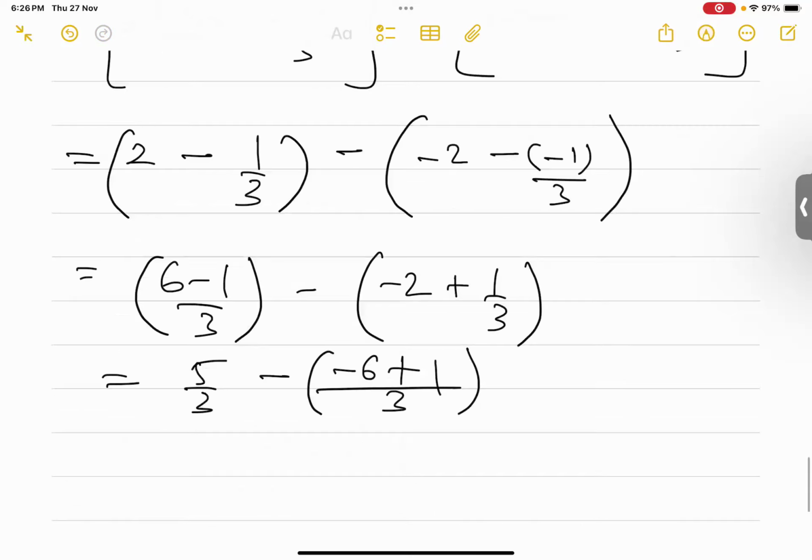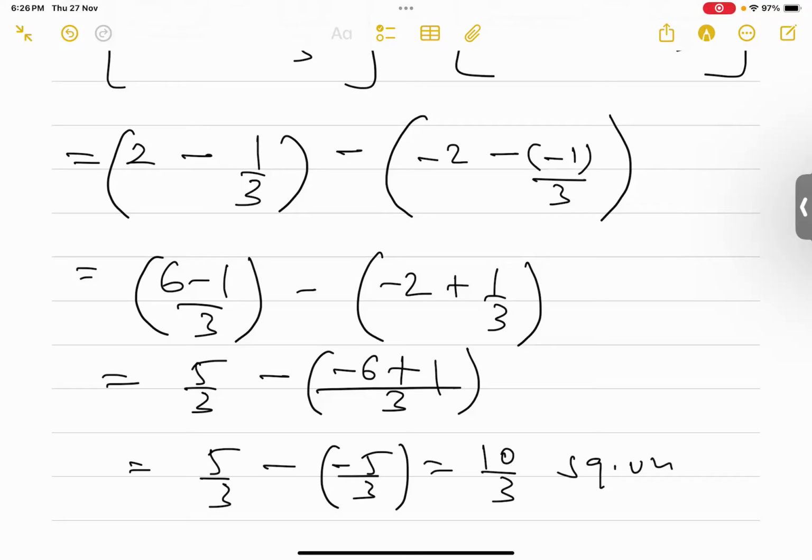Systematic calculation. The answer is 10 by 3 square units.